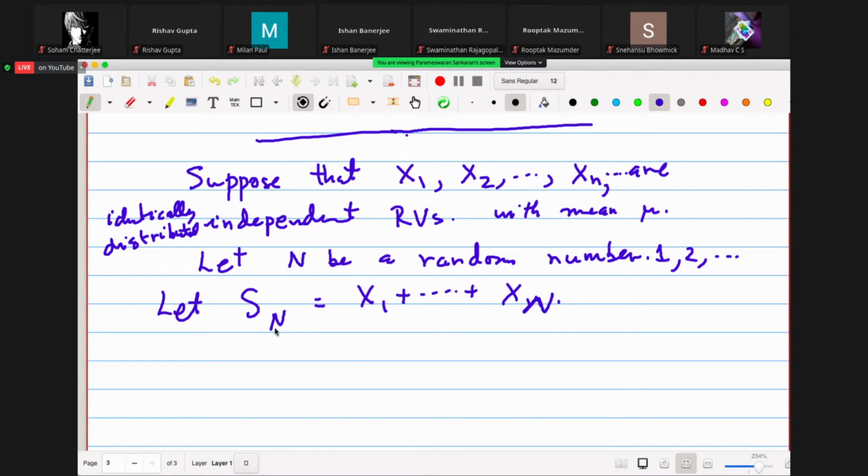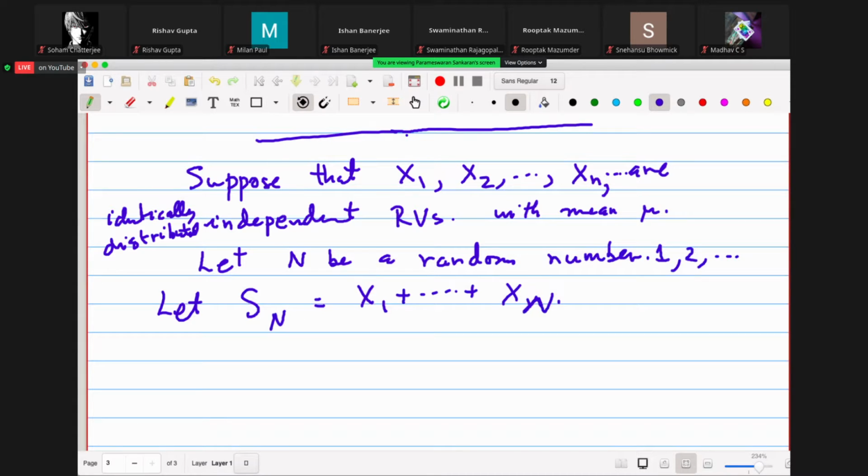So you see the sum depends on the value of N. Depending on the value that this random variable N takes, this will change.